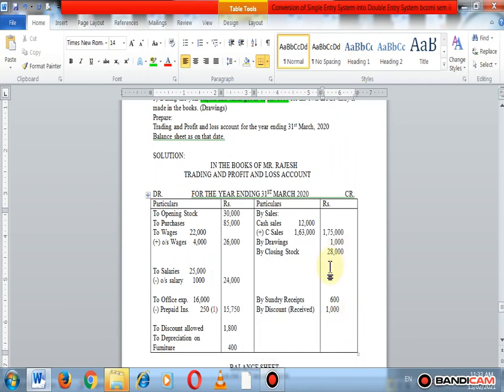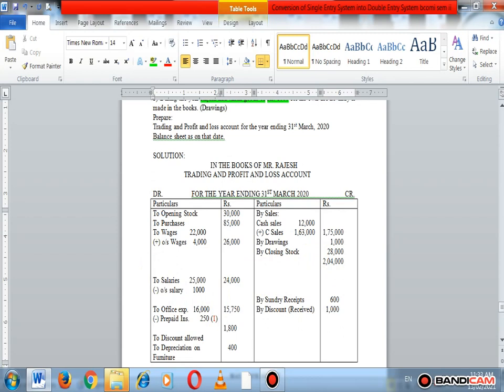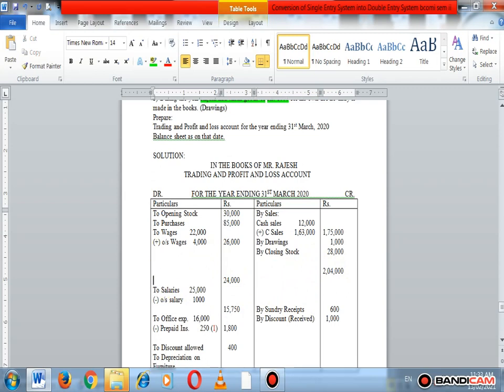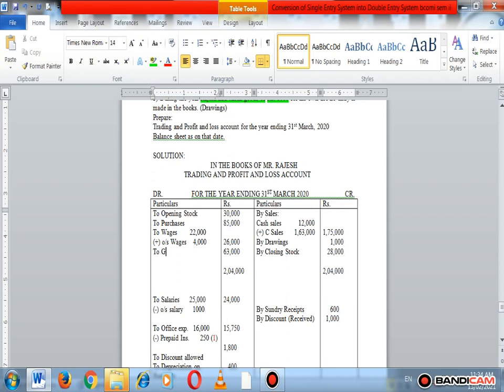2,04,000. Put this total on the debit side, 2,04,000, and the difference is 63,000, and that difference is called GP carried down.